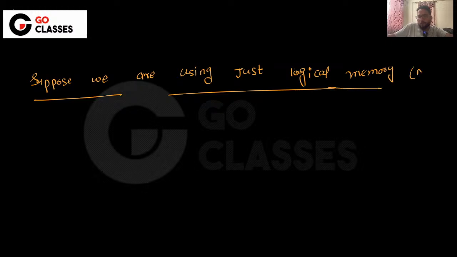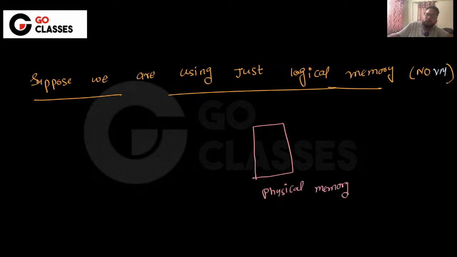Which means no virtual memory we are using. And what does this mean? It means that whatever is your physical memory, in that memory only I need to store everything. I need to store my whole process in that memory only.